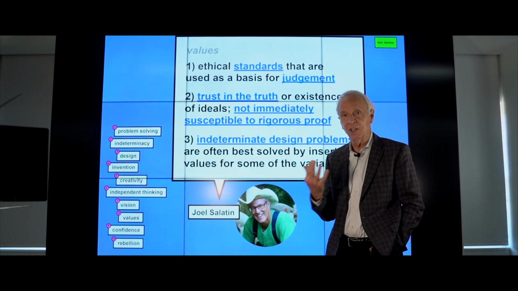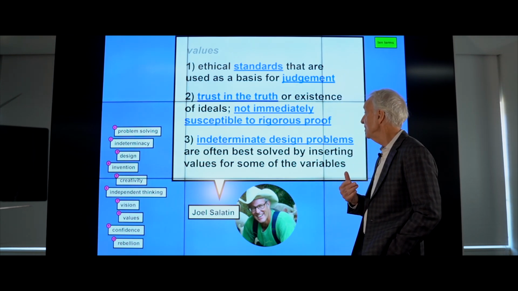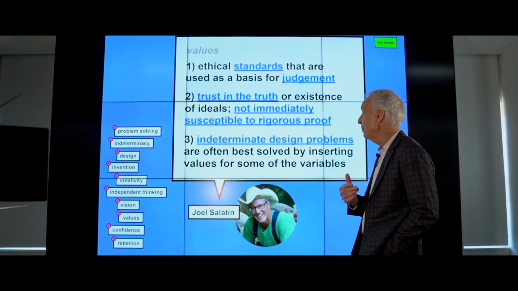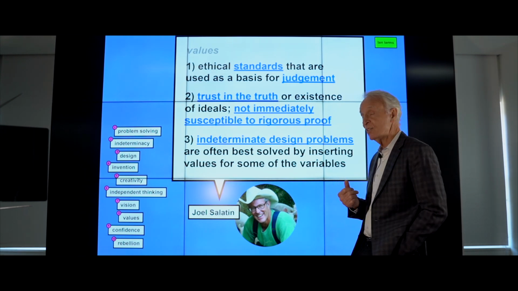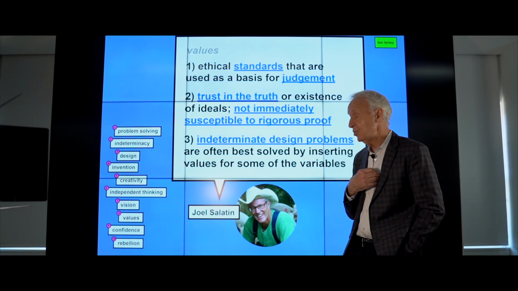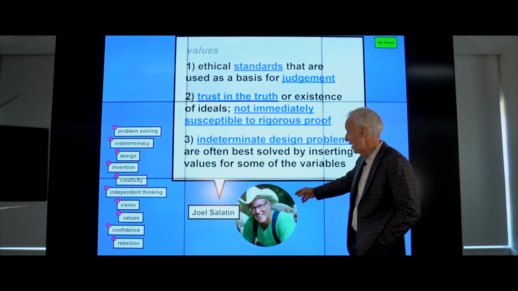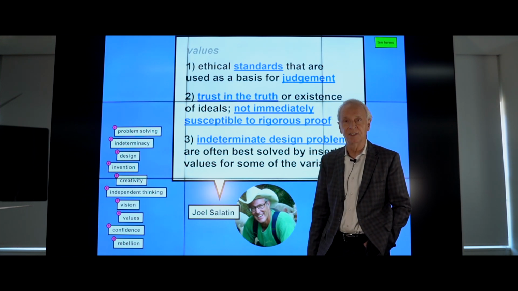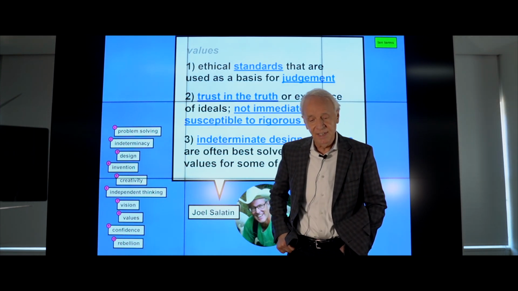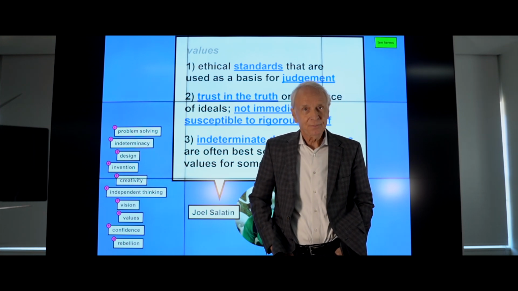So this is talking about things that are not provable. And it is indeterminate design problems that are often best solved by plugging in these values, as I was mentioning before. Now, a person we're going to be looking at in that regard is this guy, Joel Salatin. Joel Salatin is a farmer in Virginia.